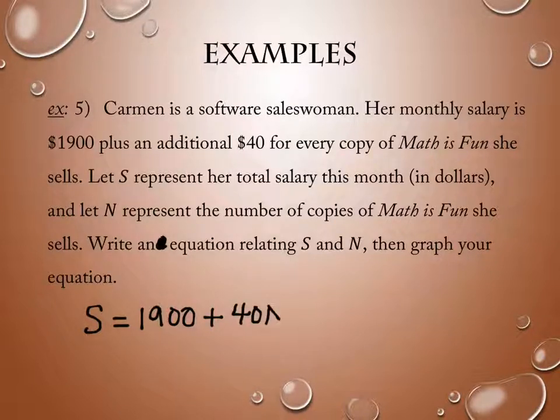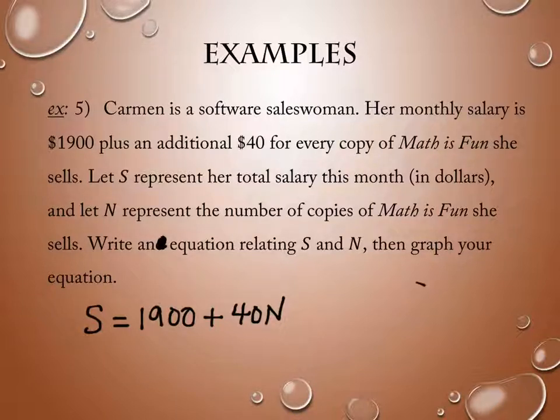Okay, that sounds great. Good job, Sarah. Any questions on where the pieces came from? Okay, got the $1,900 in there, the fixed cost, and then the $40 times N, the number of copies she sells of the software.